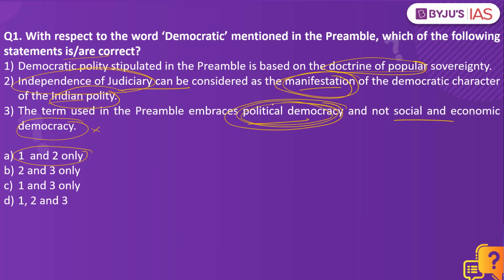So remember, political democracy also has within it social and economic democracy, which is the very foundation of the democratic polity. As a result, liberty, equality and fraternity are treated as the trinity when it comes to political democracy, social democracy and economic democracy.